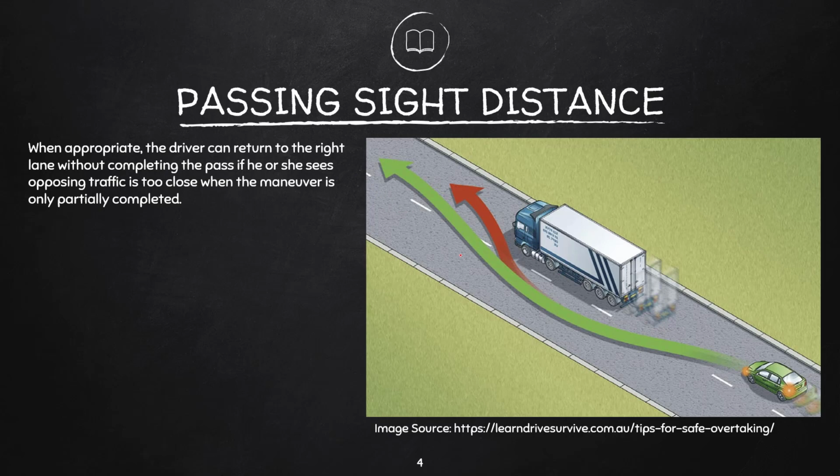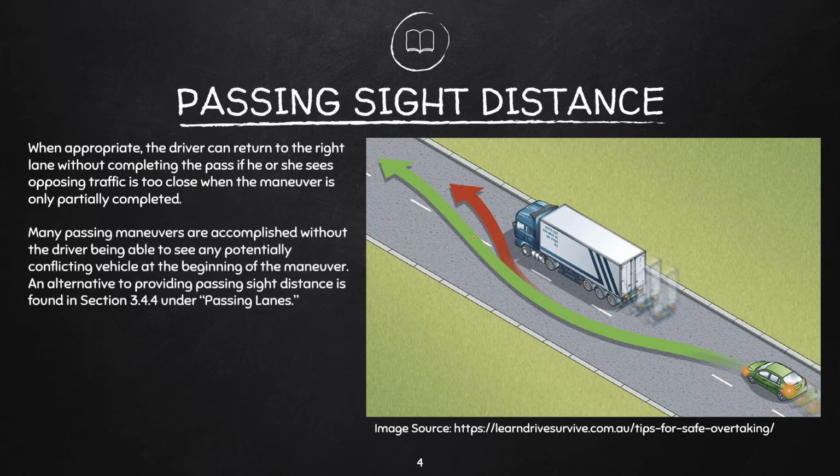and the driver of the green car has assessed that it will not be able to finish the passing maneuver, then he has an option to slow down and go back to his original lane and try another attempt at passing the truck.